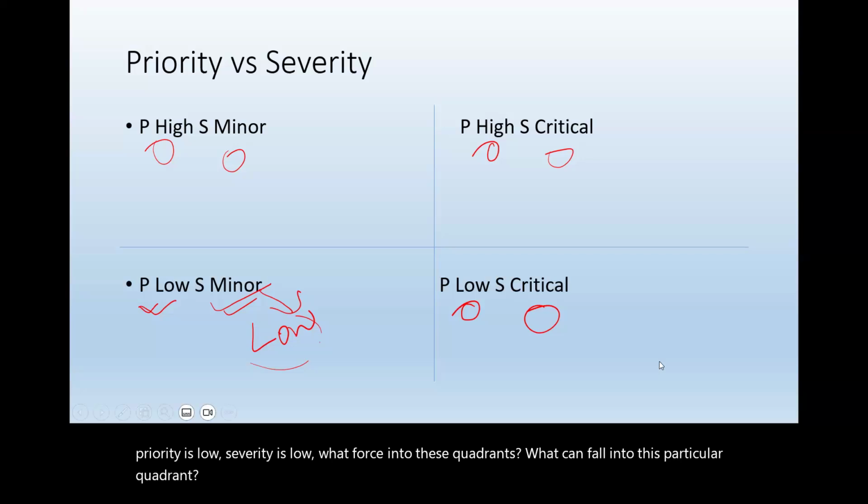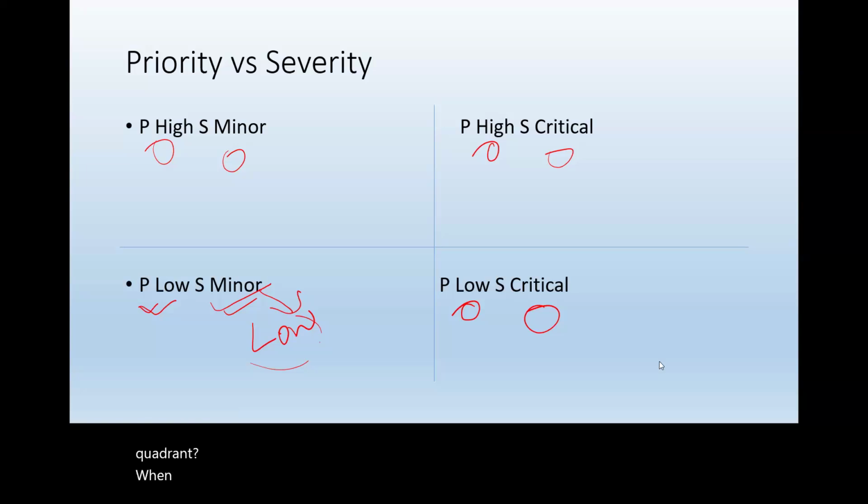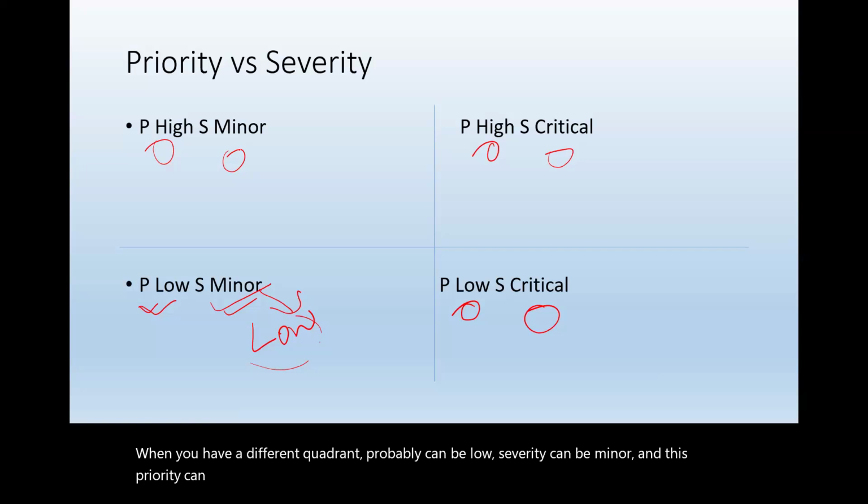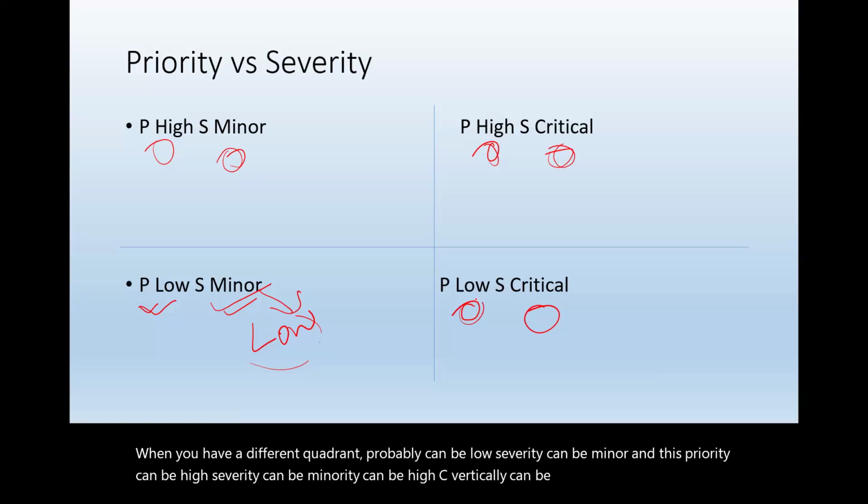Repeat that again, please. We have different quadrants. Priority can be low, severity can be minor. Priority can be high, severity can be minor. Priority can be high, severity can be critical. Priority can be low, severity can be critical.